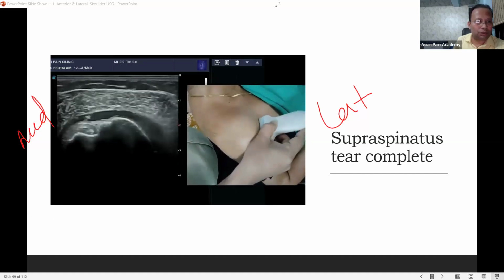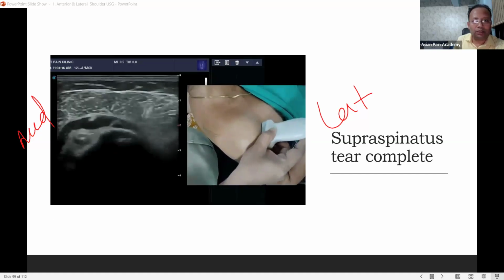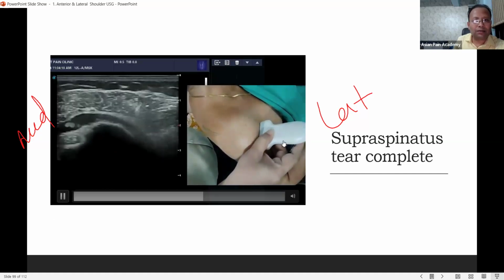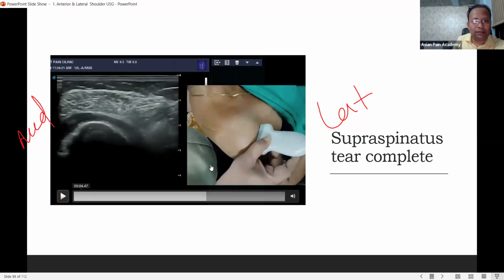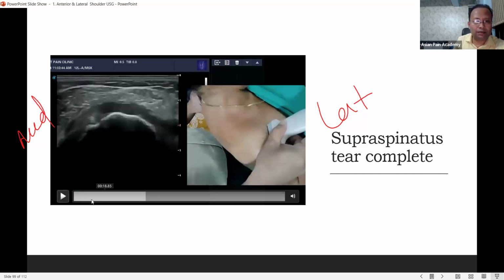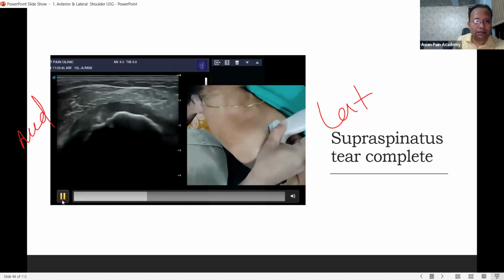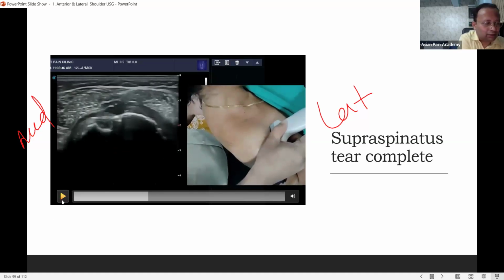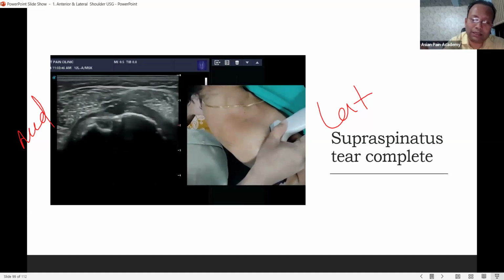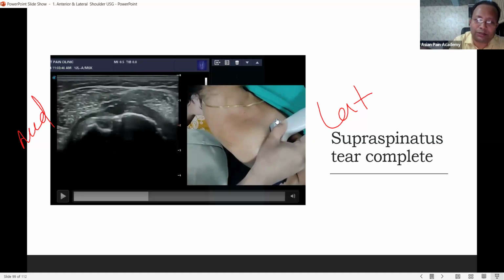So try to understand the thing conceptually. In this patient, what is happening?